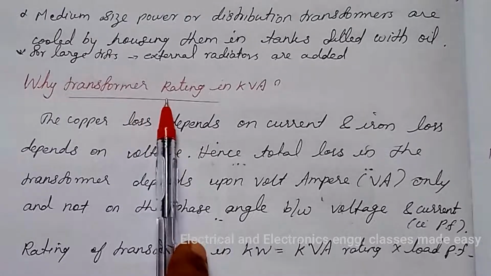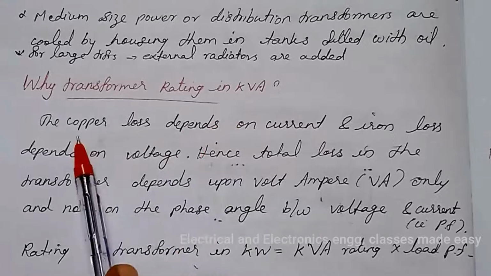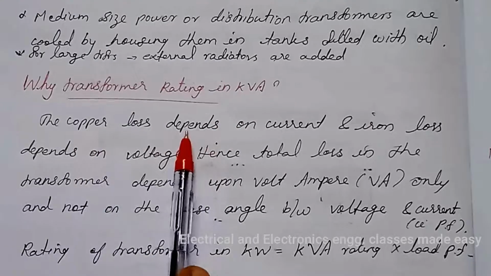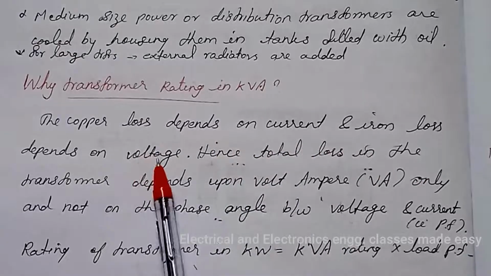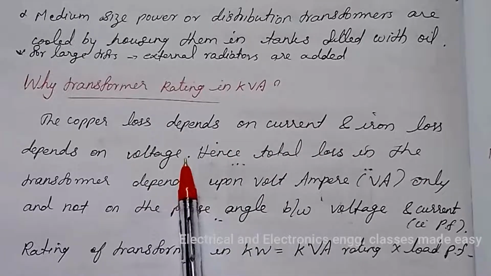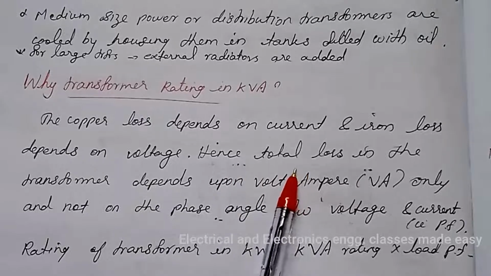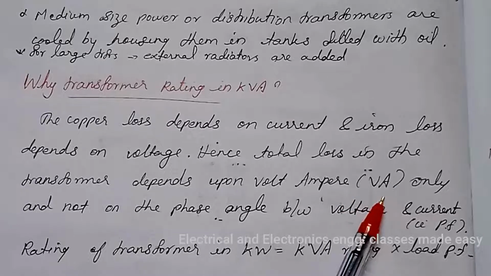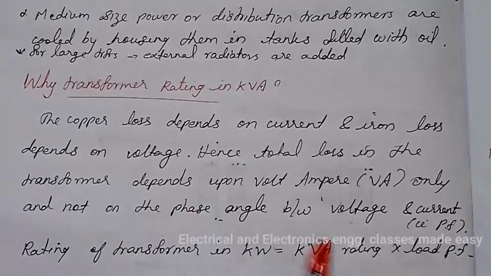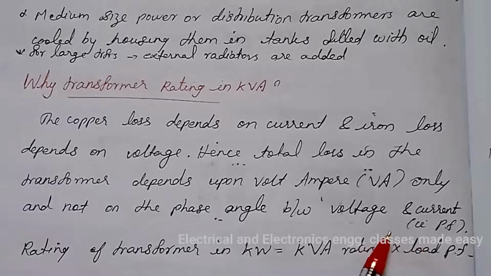Why transformer rating in kVA? We have seen that the copper loss depends on the current and iron loss depends on voltage. Hence, the total loss in the transformer depends upon the volt ampere, that is VA, and not on the phase angle between the voltage and current, that is power factor.